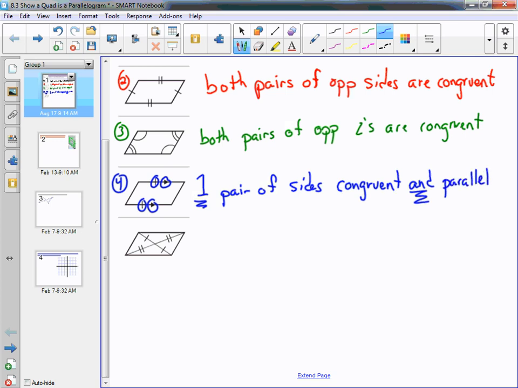The common mistake is where you have one side congruent and the other side parallel. That does not work. It has to be the same pair of sides congruent and parallel.